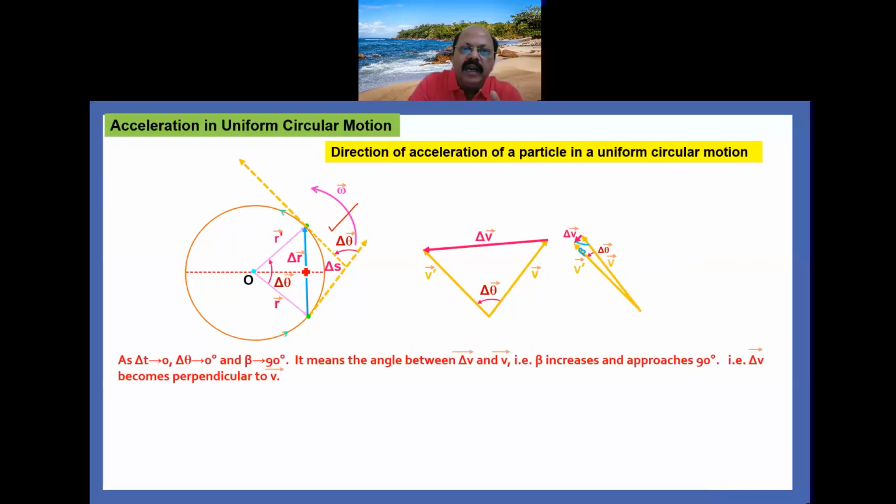So delta theta also tends to 0, and then this angle beta becomes 90 degrees. It means the angle between delta v and v dash, that is v, increases and approaches 90 degrees. Therefore delta v becomes perpendicular to v. This is v dash.